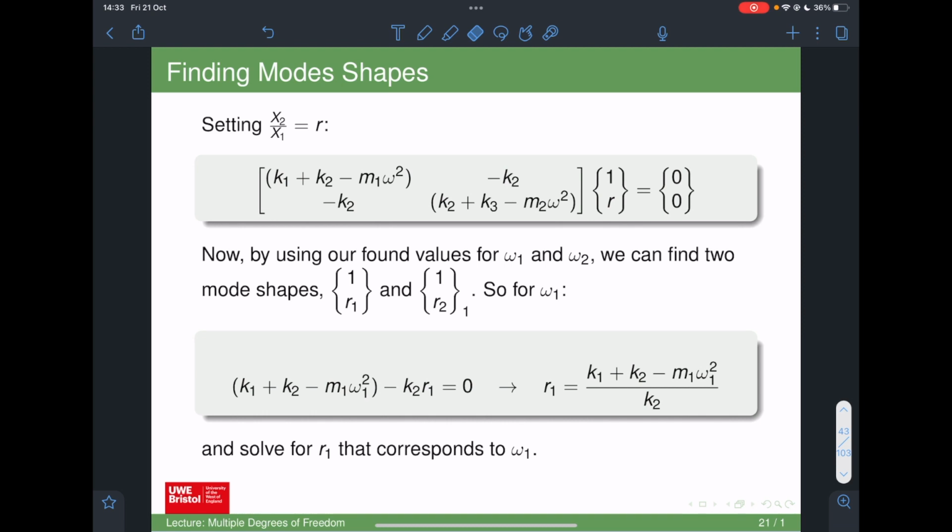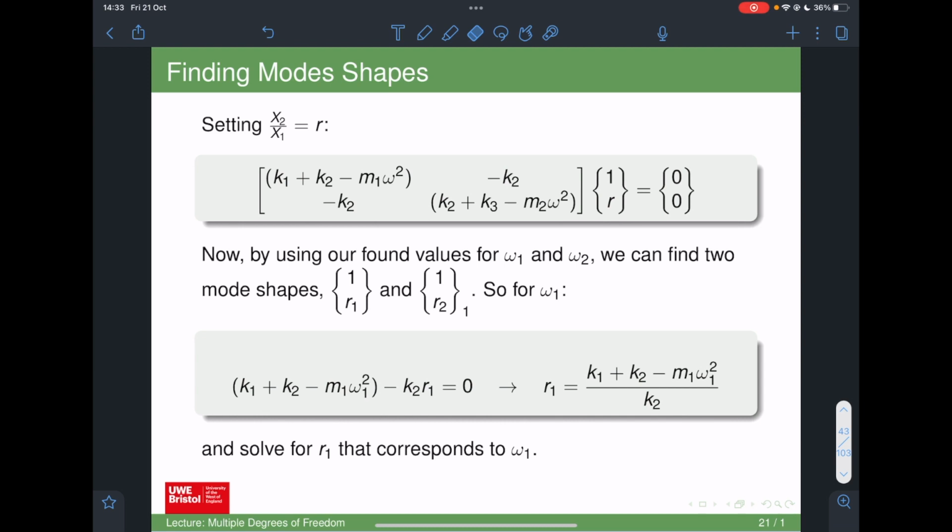There are two equations for one unknown, so we've got a choice. Let's say we take the top equation. So we've got this quantity times 1 minus k2 times R equals 0.